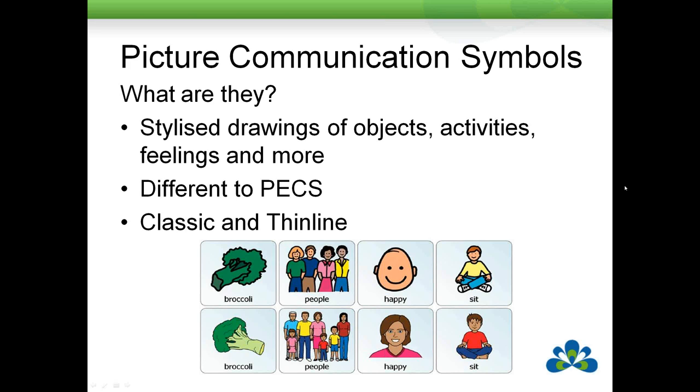It still comes with your standard 4,500 PCS symbols. However, there are additional PCS collections available. In addition to the classic picture communication symbols, you have what's known as the thin line, and you can see in that image on the screen that the top row of images are your PCS Classic images, and underneath you've got the thin line version.